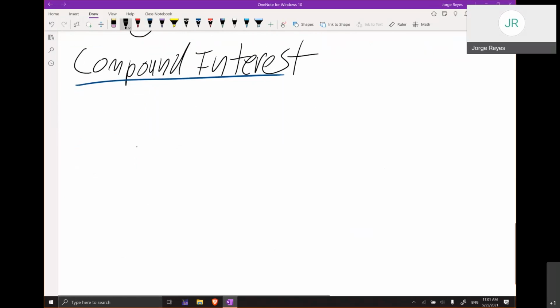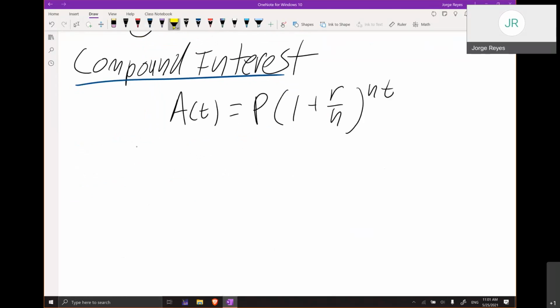So I'm going to have this formula, which is very important. This is crucial, very much required. You must memorize this. And let me explain the parts.